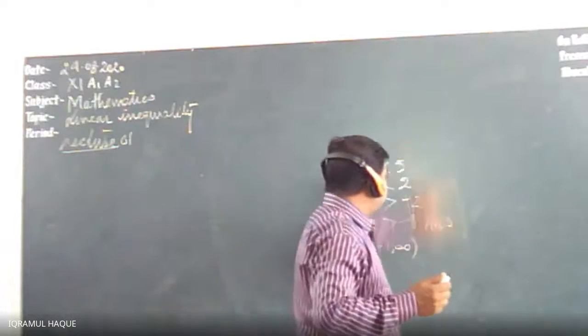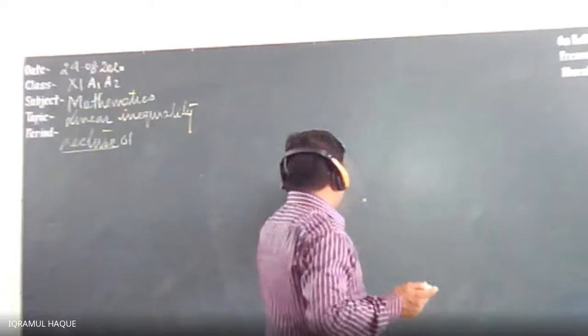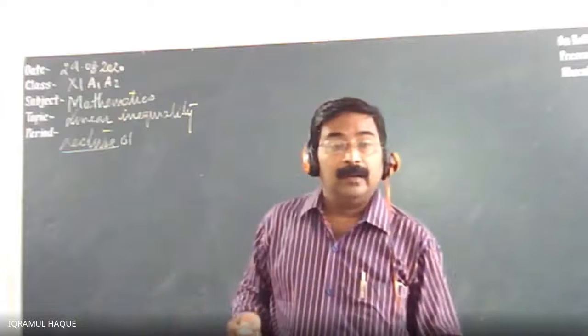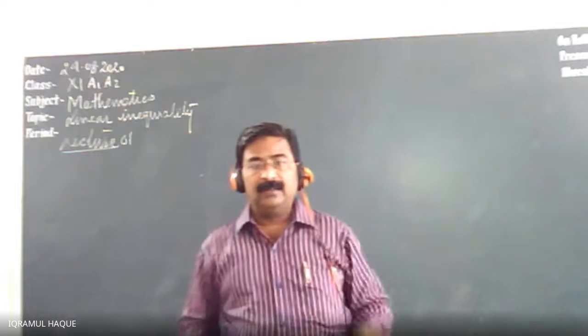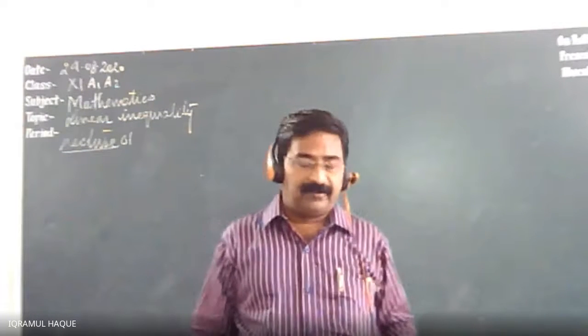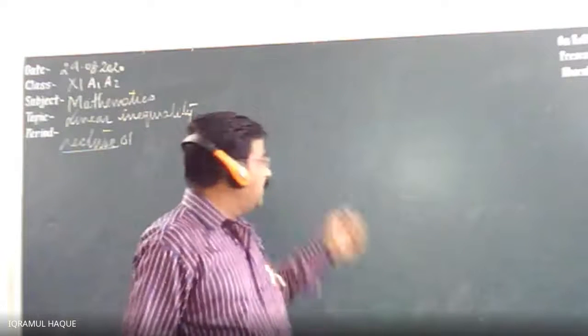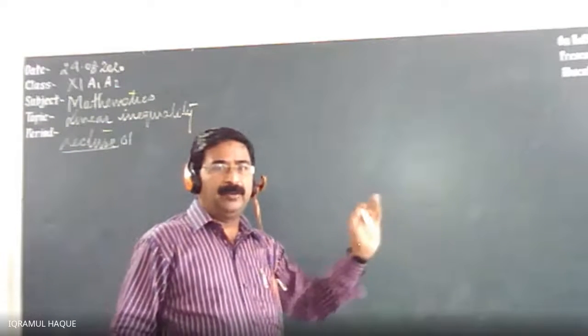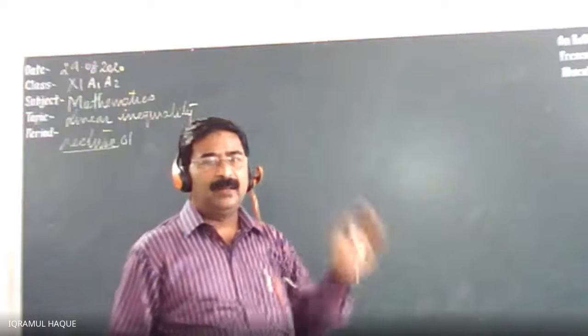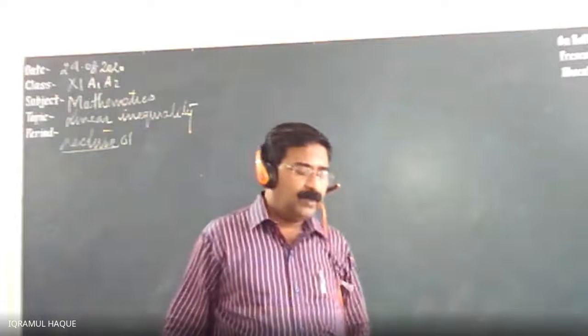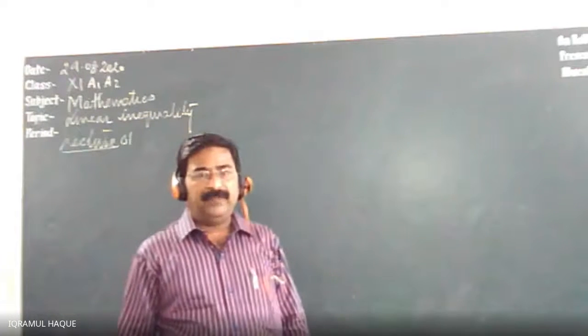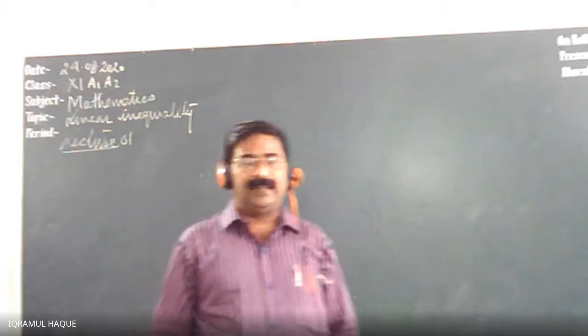So basically this chapter is about inequality. Now we can find the solution of different inequalities by shifting the number to the left, to the right, by multiplying by a negative sign, changing to positive, and so on. And we plot the graph of the equation.